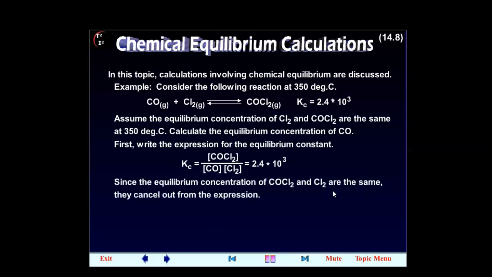Since the equilibrium concentrations of CoCl2 and Cl2 are the same, they cancel out from the expression. Therefore, 1 divided by the concentration of CO is equal to 2.4 times 10 to the power 3.